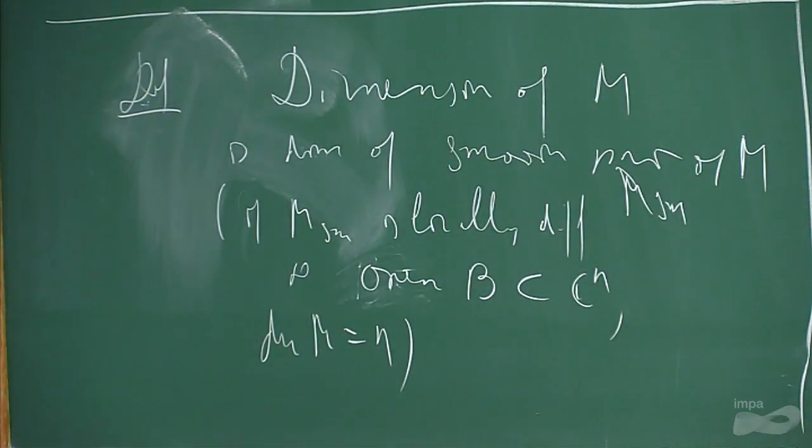Okay, now the proposition: the dimension of M is the transcendence dimension of M. How do you do that? It's pretty much obvious.